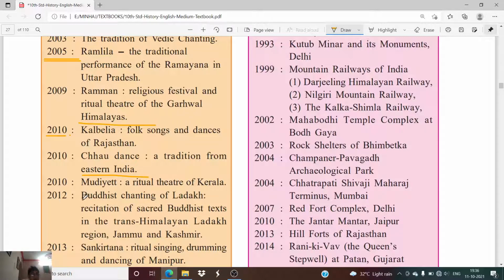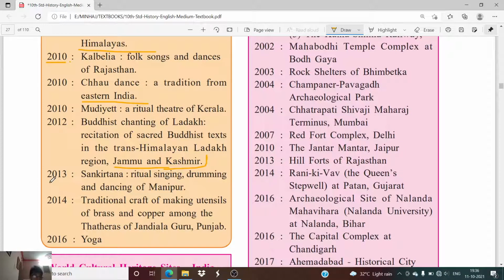Then in 2012, Buddhist chanting of Ladakh, the recitation of sacred Buddhist text in the Trans-Himalayan Ladakh region, which is in north of Jammu and Kashmir. Now Ladakh is also a union territory. In 2013, Sankirtana, that is ritual singing, drumming and dancing in Manipur.